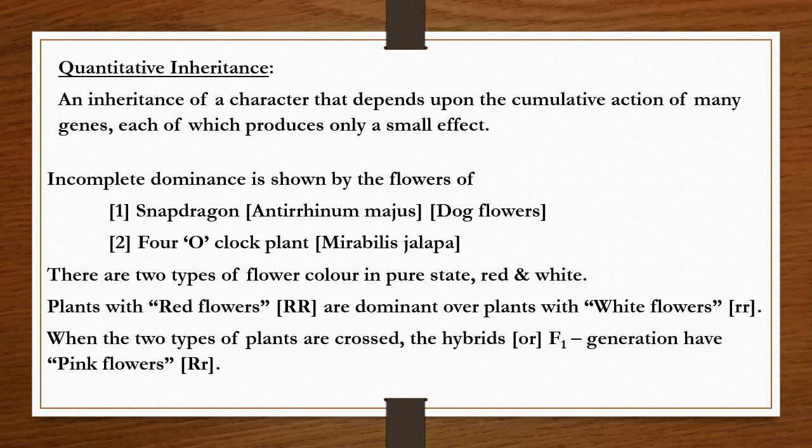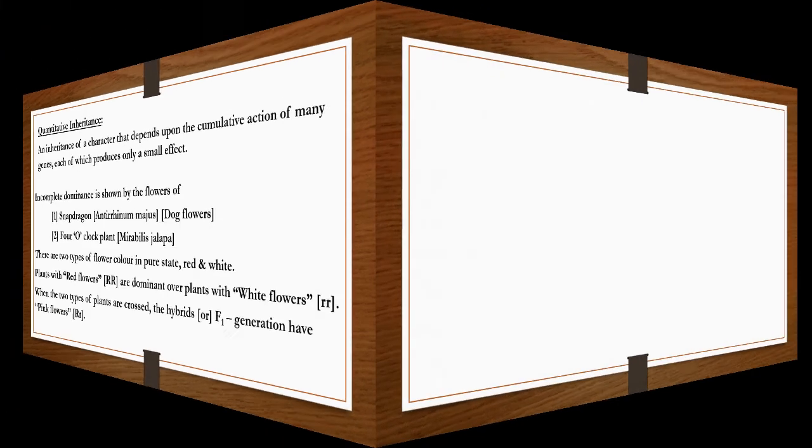When the two types of plants are crossed, the hybrids or F1 generation have pink flowers. So let's come to the explanation of that. Here is a female parent that we can consider as capital R, red. It is a dominant character.